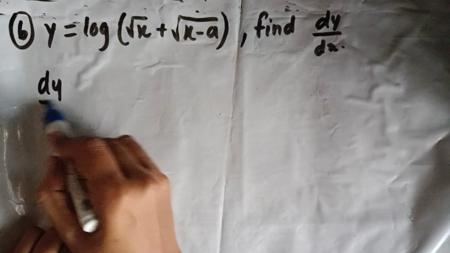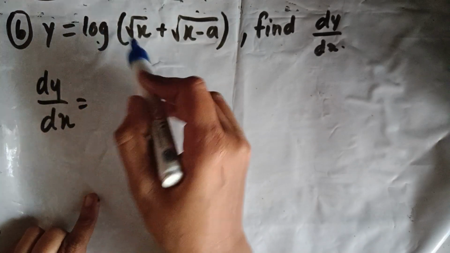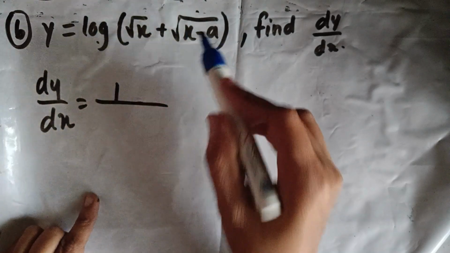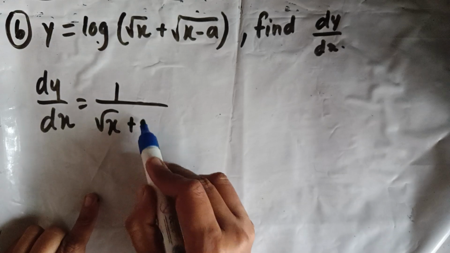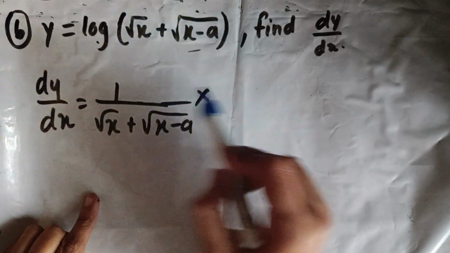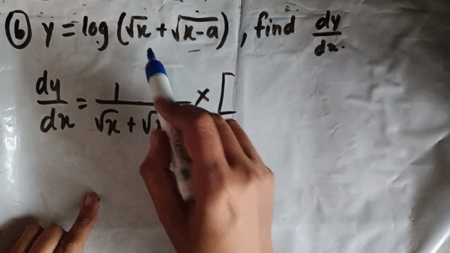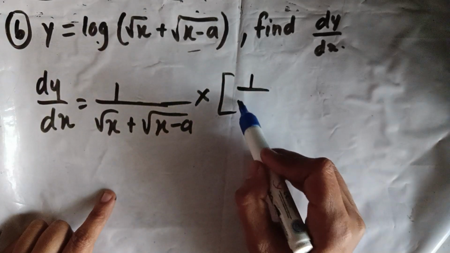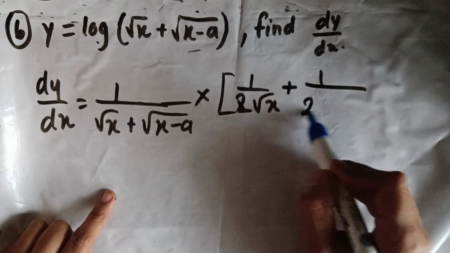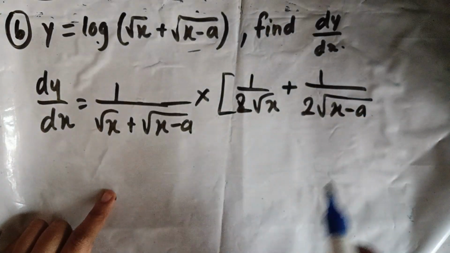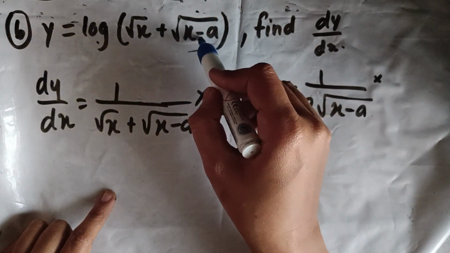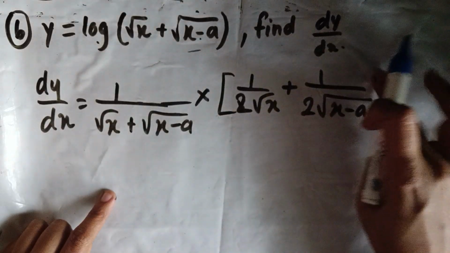so dy by dx, here log and this function is given. So first you have to write the derivative of log of something. So it is 1 upon that something into the derivative of this thing. This plus is given in between. So the derivative of root x is 1 upon 2 root x plus 1 upon 2 root x minus a into the derivative of this. So the derivative of x is 1, the derivative of a is 0. So here 1 comes.